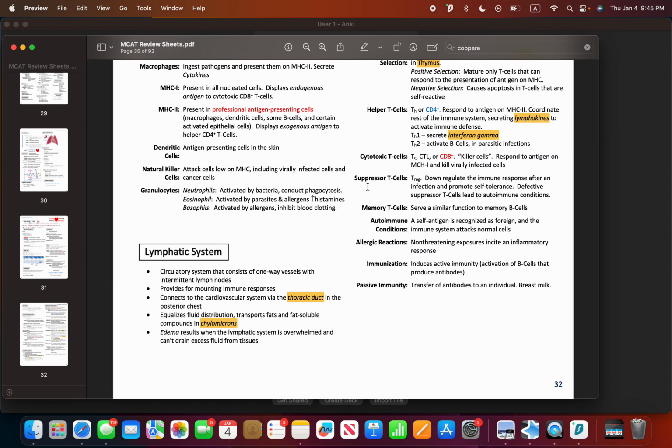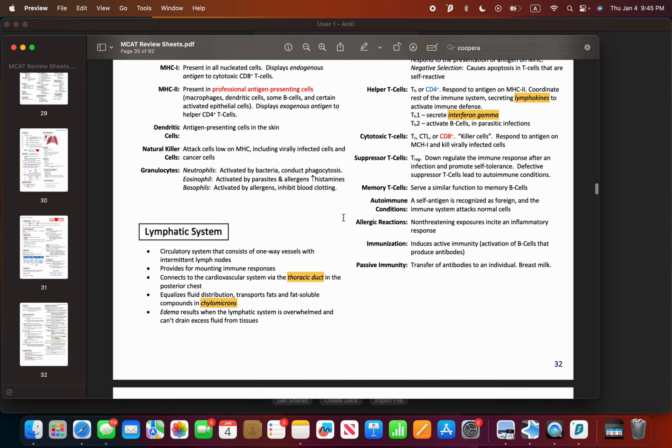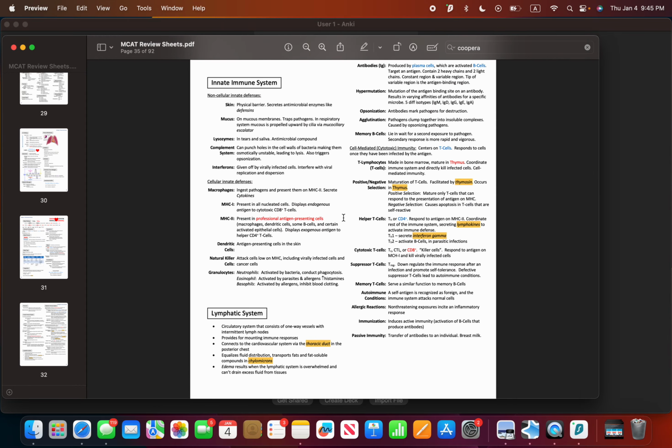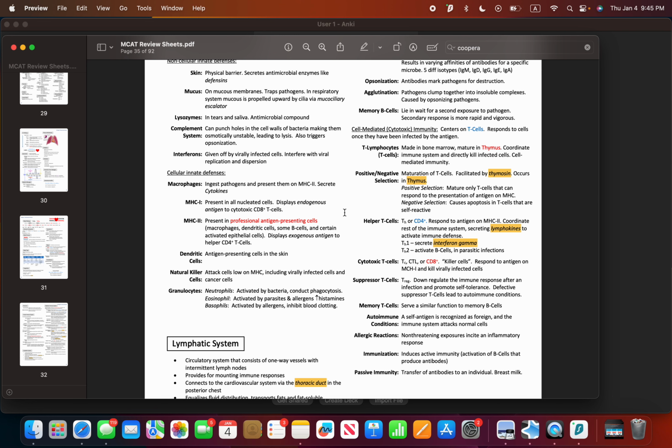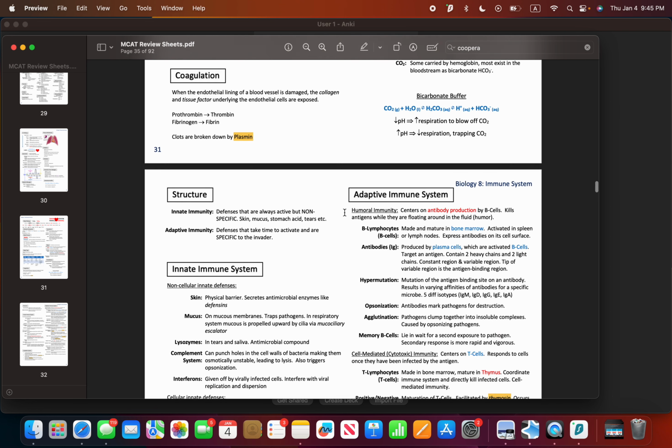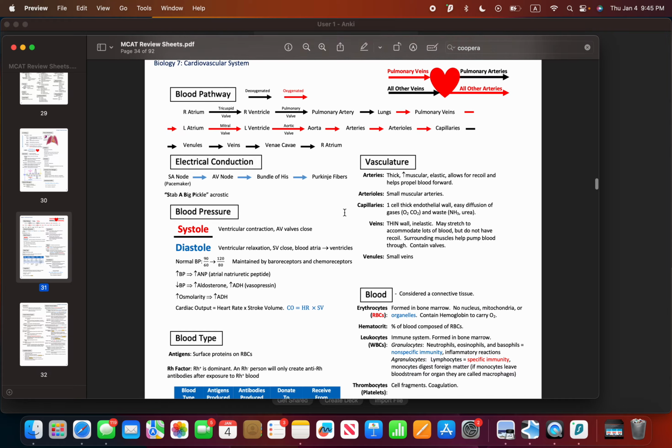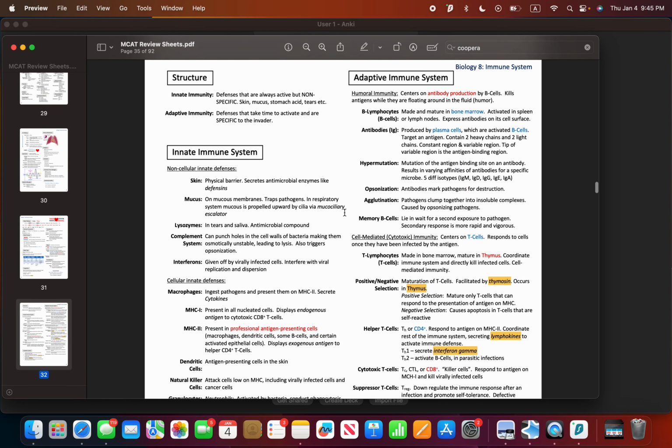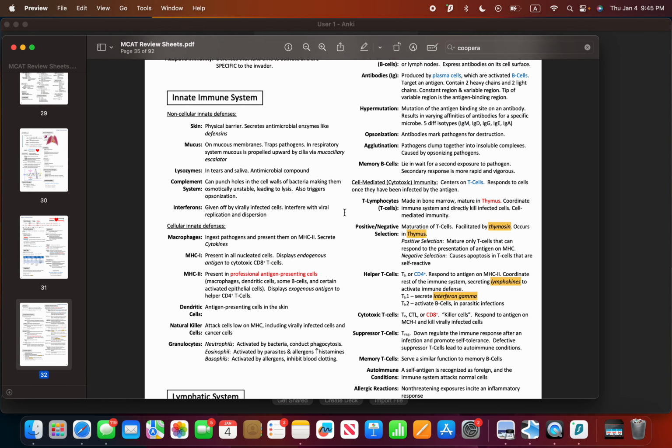Okay, I believe for now we have covered a decent amount of the immune system as well. So we have both cardiovascular system and the immune system covered.